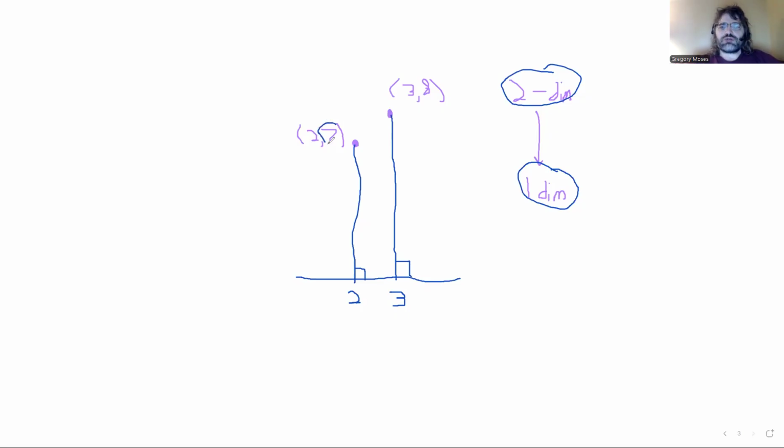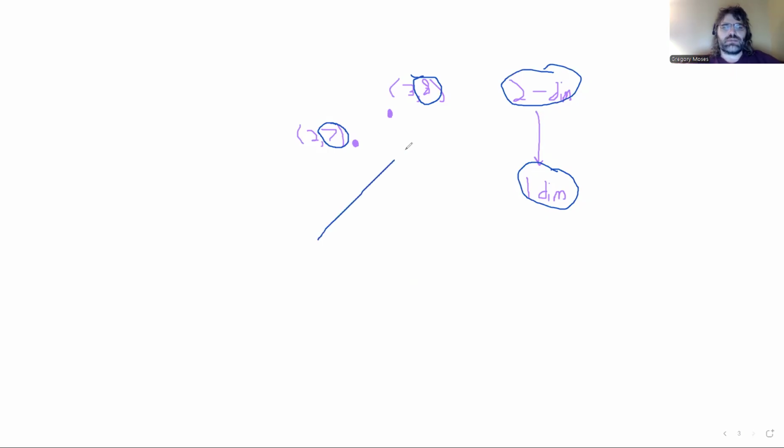And of course, the price of this is that we have lost information. Now, I drew this line and I did this projection, but I could have drawn another line and projected onto it.